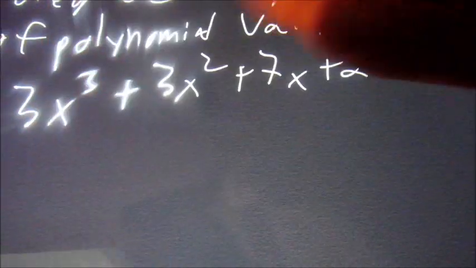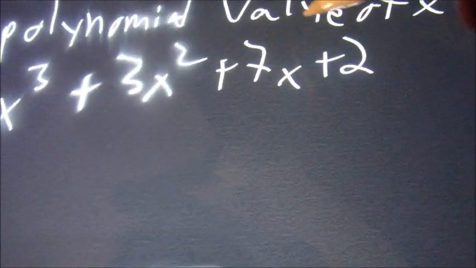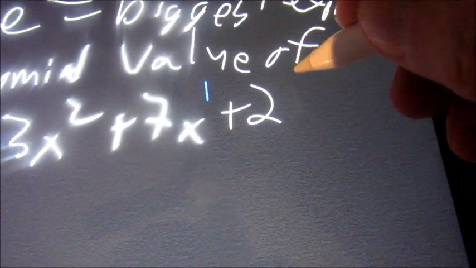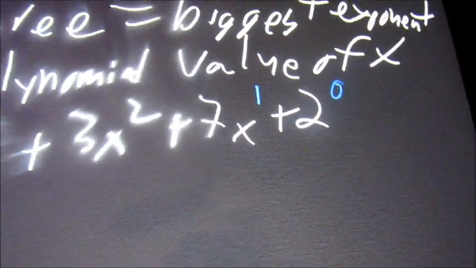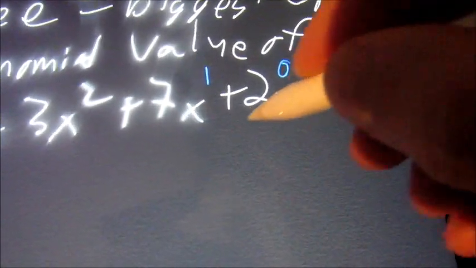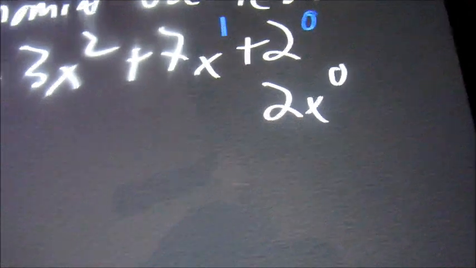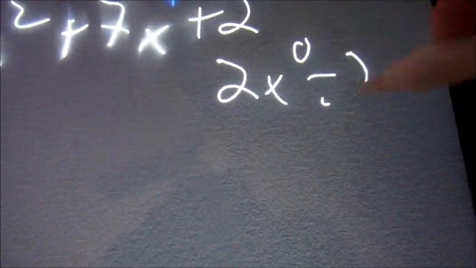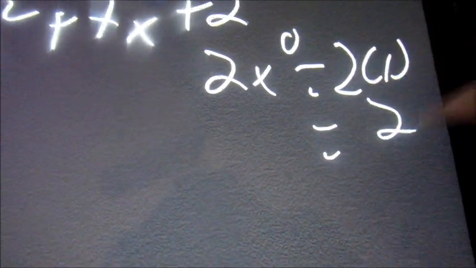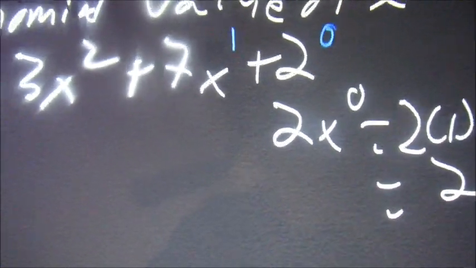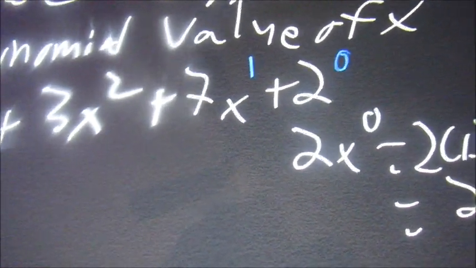But first off, I'm going to write this one as actually 7x to the 1, even though we don't see it. And this one is 2x to the 0, actually, because if you remember, say we have 2x to the 0, anything raised to the 0 just equals 1. So this equals 2 times 1, which equals 2. So if you just have a number with no x's, then the degree is 0.